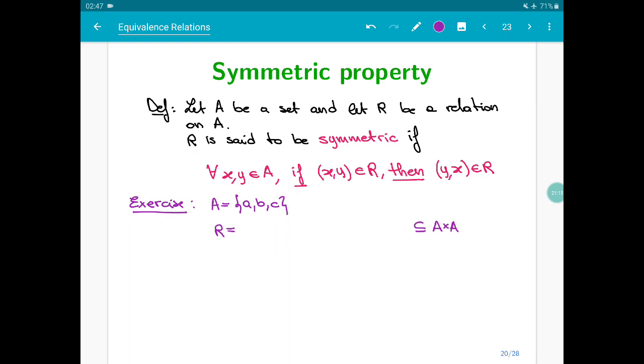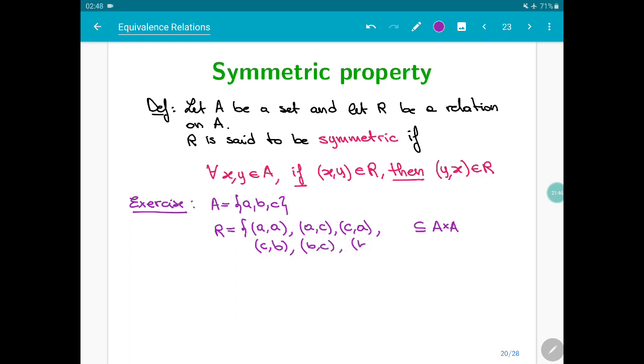Okay, so well, I can put AA, and then in this case, whenever I put AA, of course, the symmetric of this is AA itself, so I don't have to put anything else. But imagine, for instance, that I put AC, then I have to make sure that also CA is inside, and I can put CB, but then also BC has to be inside.